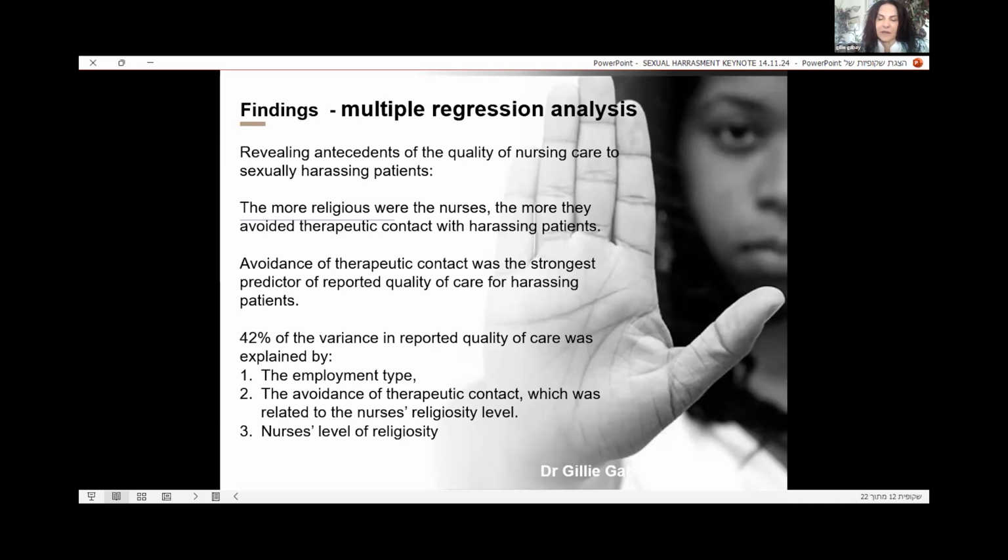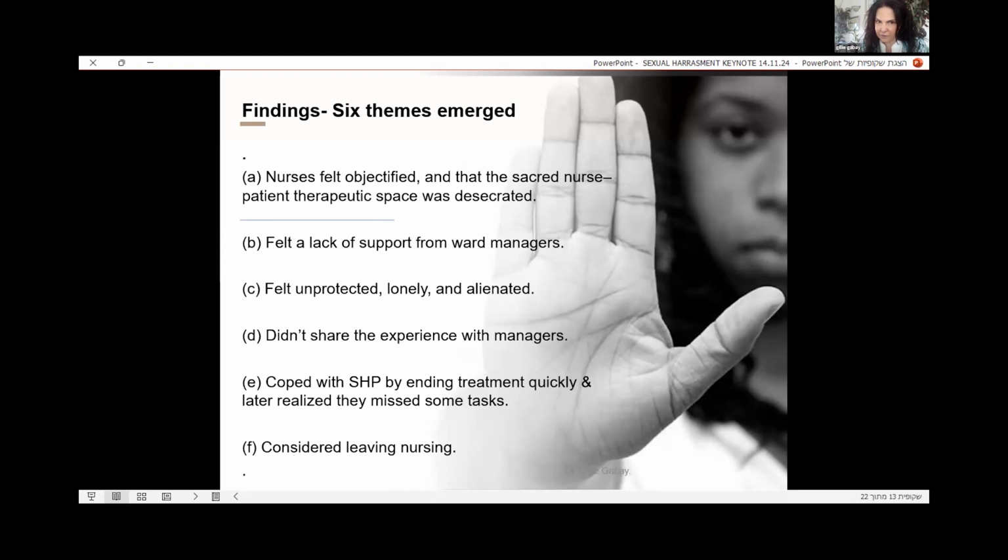The avoidance of therapeutic contact was the strongest predictor of reported quality of care for the harassing patient. 42% of the variance in reported quality of care was explained by the type of employment, the avoidance of therapeutical contact, which was related to the religiosity level. That was the third antecedent of quality of care.